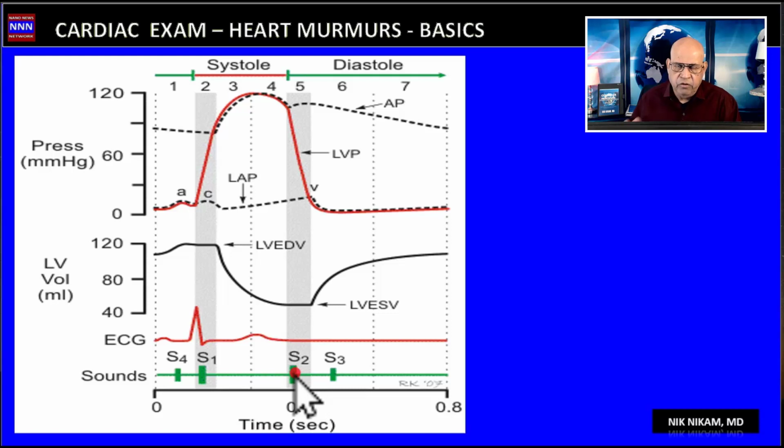Why is it called holosystolic and why is it called continuous? Because there is a pressure difference between the left ventricle and the left atrium during the entire systole, as opposed to aortic murmurs which stop at the closure of the aortic valve. That's why we get a holosystolic murmur.